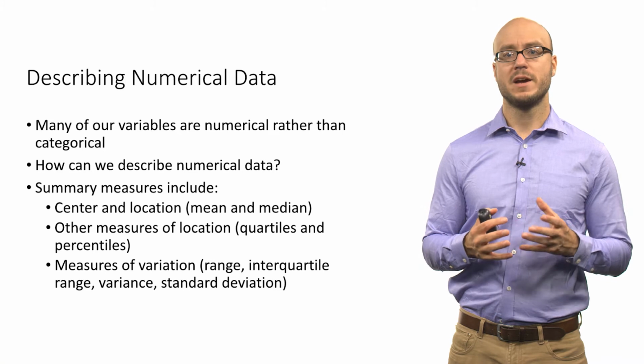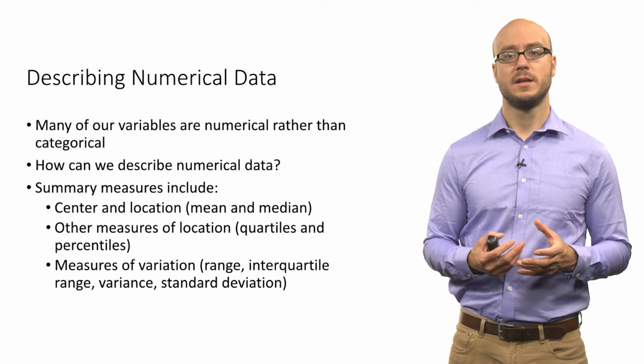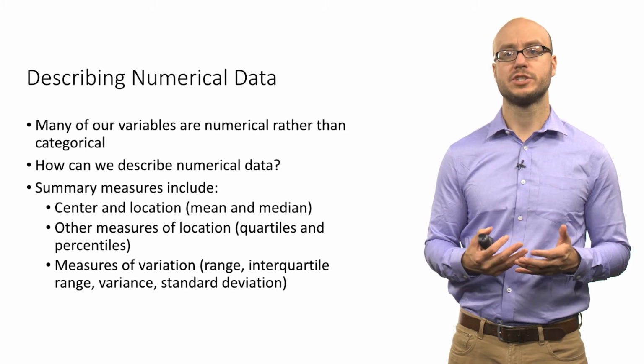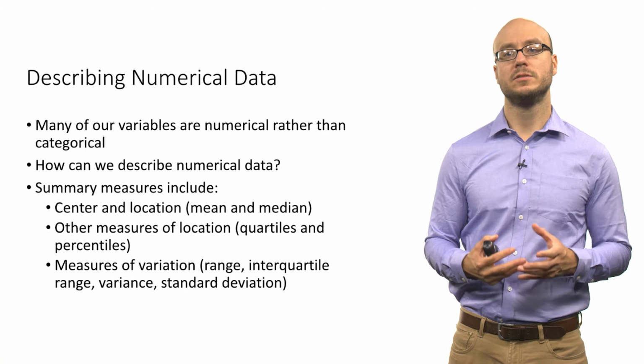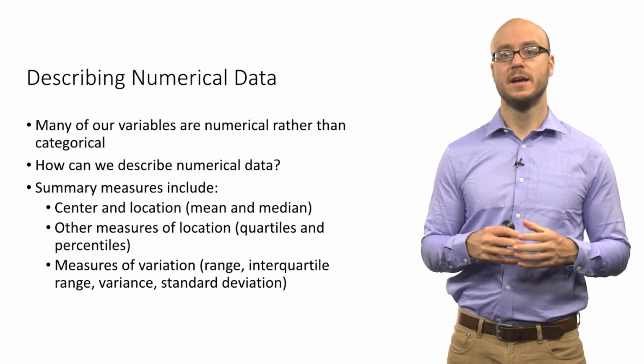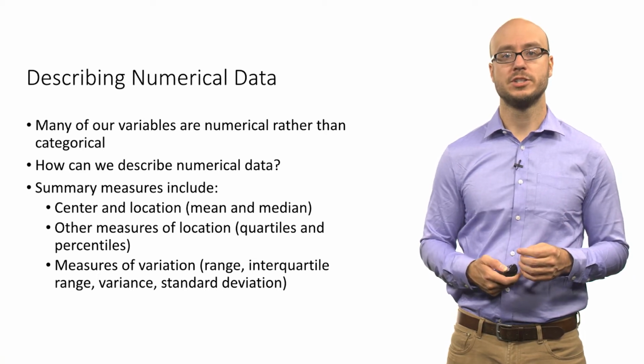We also talk about measures of location, which include quartiles and percentiles. And then we can think of it in terms of measures of dispersion or variation or spread. These include the range, the interquartile range, which is that middle 50% of the data, and also the variance and standard deviation, which we will cover in just a moment.